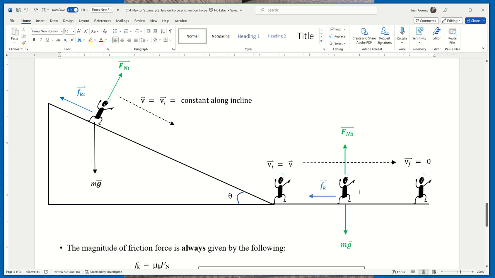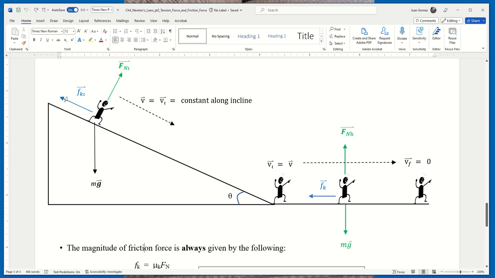If he's moving in the positive x direction, the friction force Fk will be directed in the negative x direction. Eventually he comes to a stop, but we don't need to worry about that right now. But that's how you draw the kinetic friction. Kinetic friction on the incline, call it Fki, is directed up the incline because he is moving down the incline.